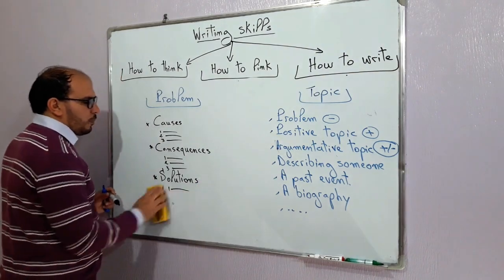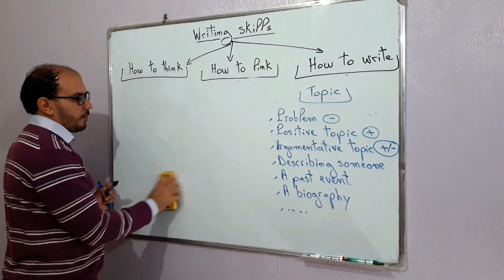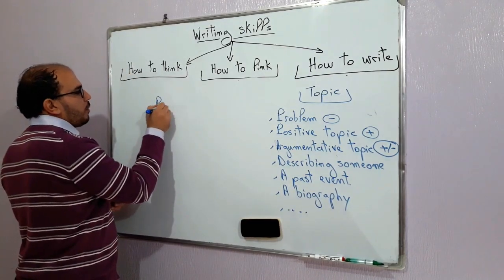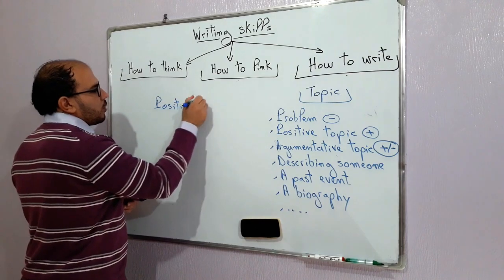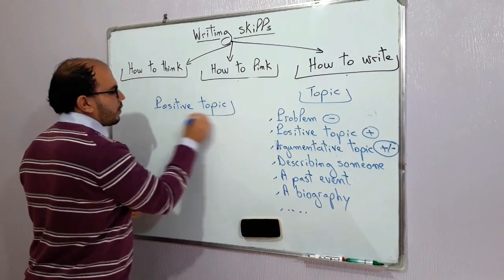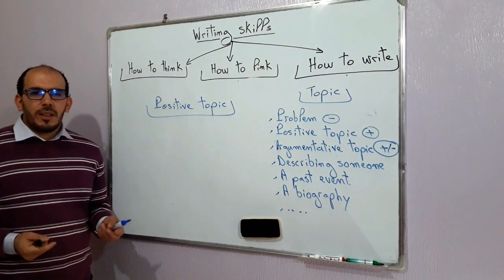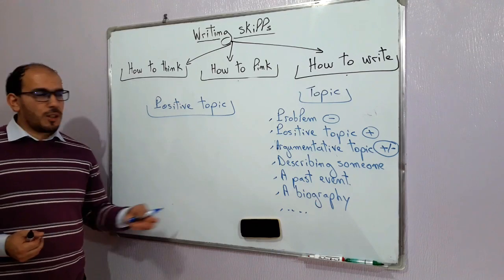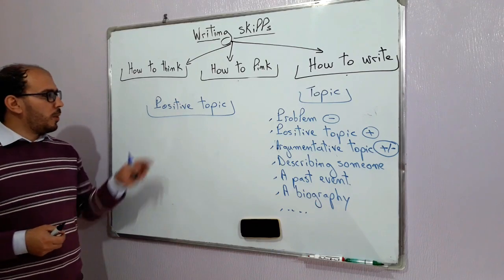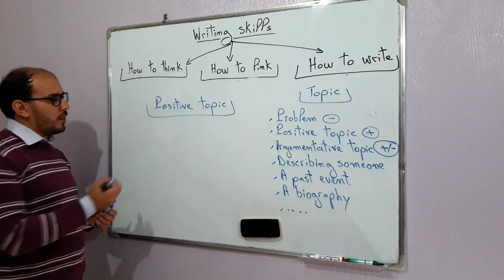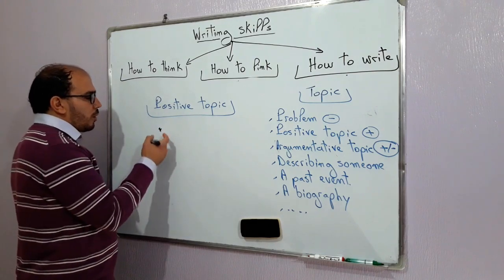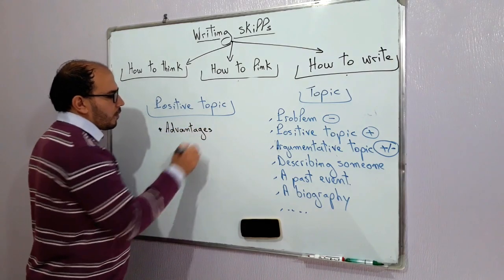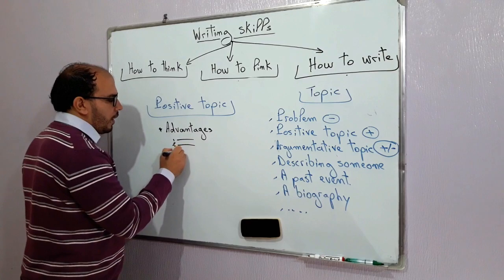The next is when I have a positive topic. For example, they tell you write about the importance of sport, write about the importance of technology, and so on. So we have different topics and we call them positive topics. So the first thing to talk about is advantages, and I give three advantages.